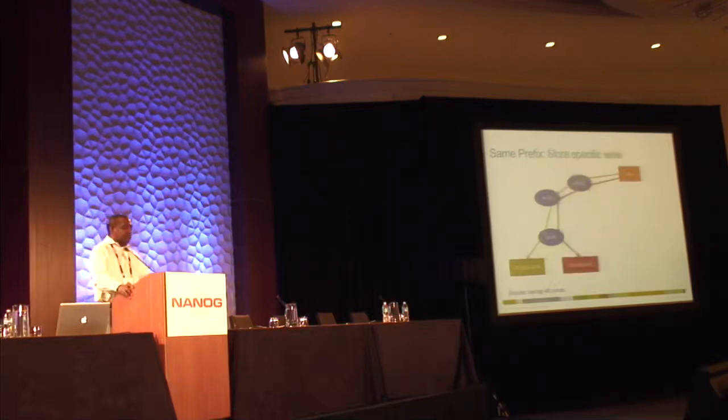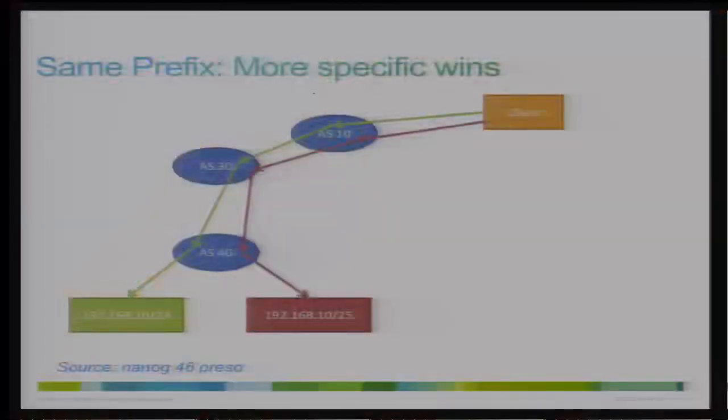Here is another example. In this case, it's from the same network, AS40, but AS40 has two customers, and one of them is the legitimate owner of 192.168.10. The other one is not a legitimate owner of 192.168.10. The legitimate owner advertised 192.168.10/24.